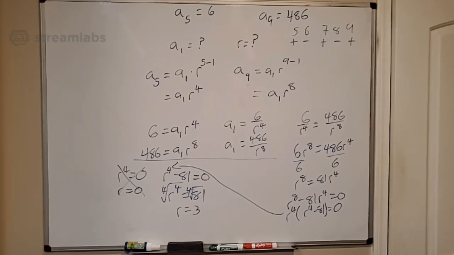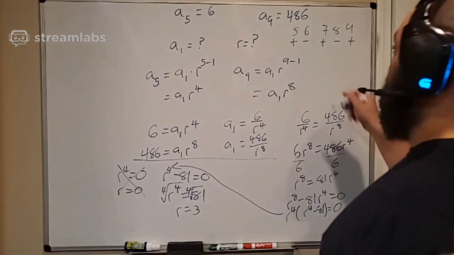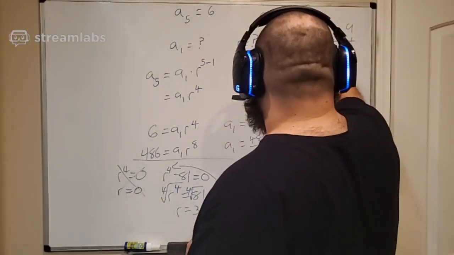But then your a sub 6 term could either be negative or positive. Yes, but we're not asking for the a sub 6 term. We're asking for the a sub 1 term. So now we go backwards and we say, okay, so 4, 3, 2, 1. So negative, positive, negative, positive.